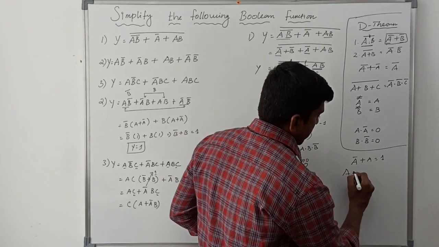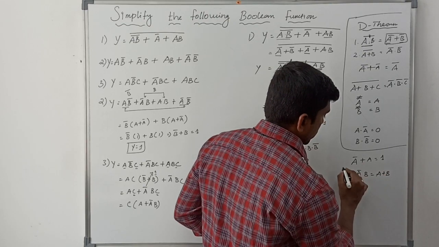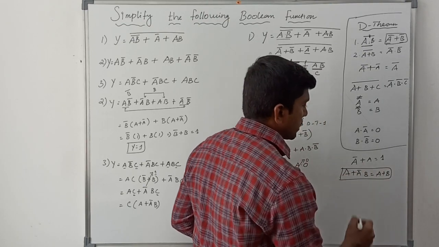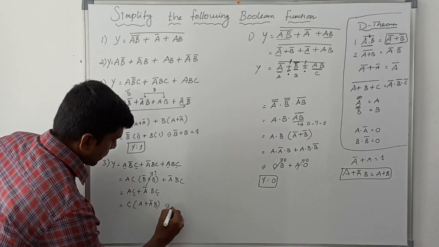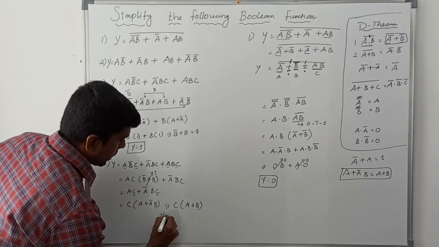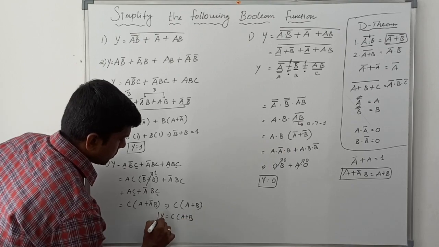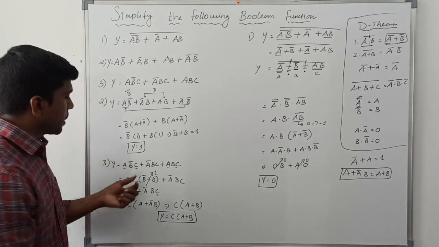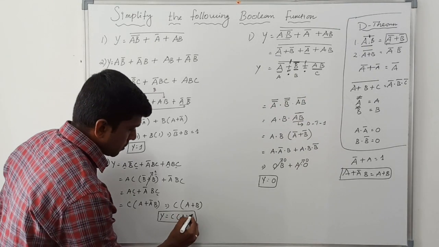A plus A bar B equal to A plus B. This I also proved in the previous video; if you need it, kindly refer to the video. So C into (A plus B). After simplification of this Boolean expression, Y equal to C dot (A plus B).